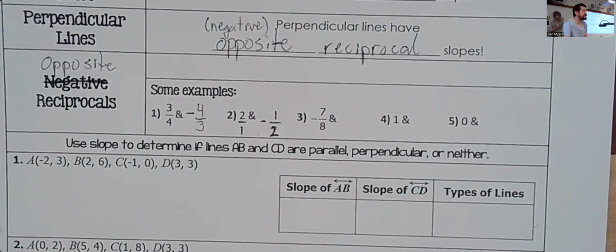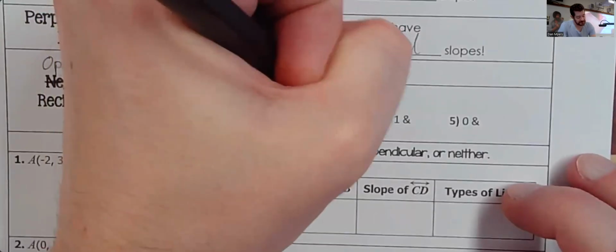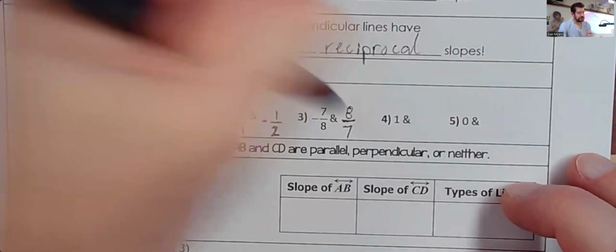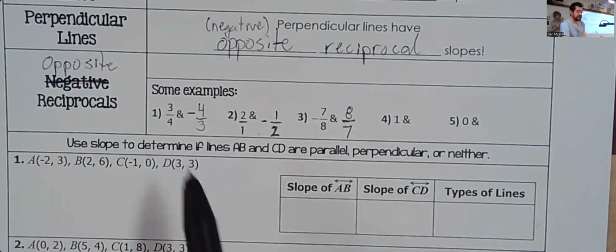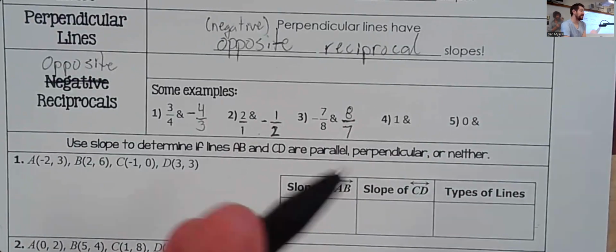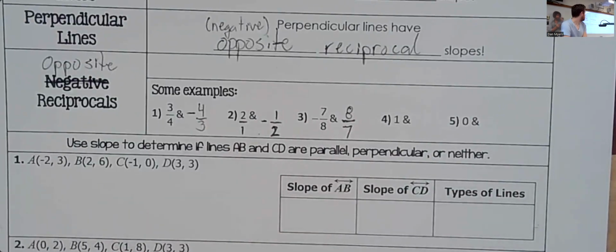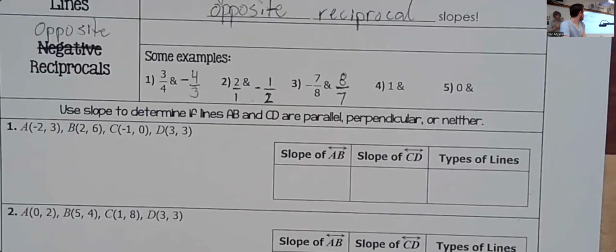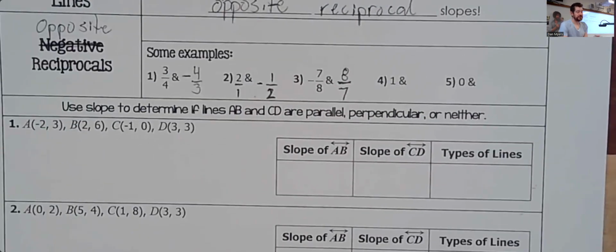Negative 7/8 would become a positive and flip it over would be 8/7. So if you have lines here with those different slopes on a graph, they would intersect at a 90-degree angle. That's what perpendicular means. Let's see, 1 is the same as 1/1.